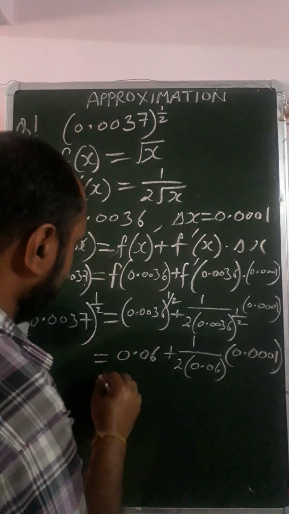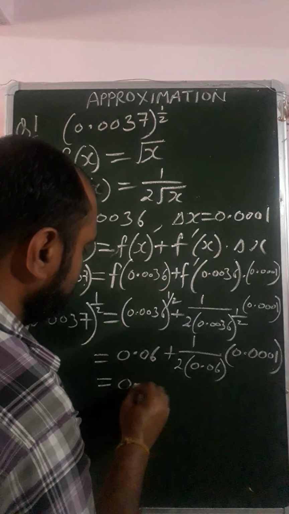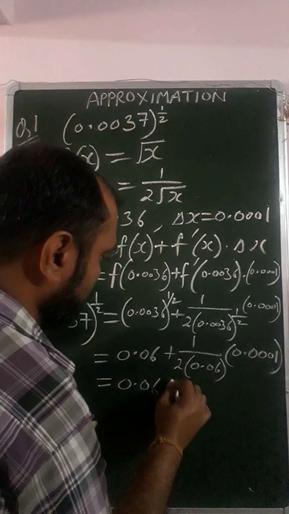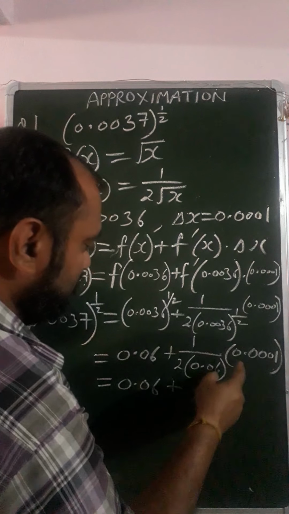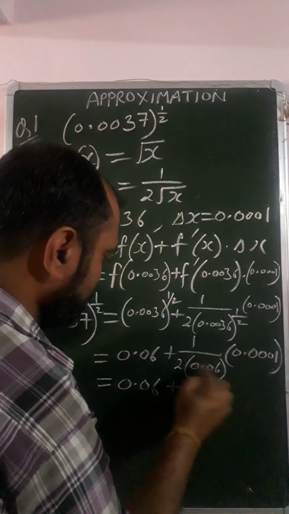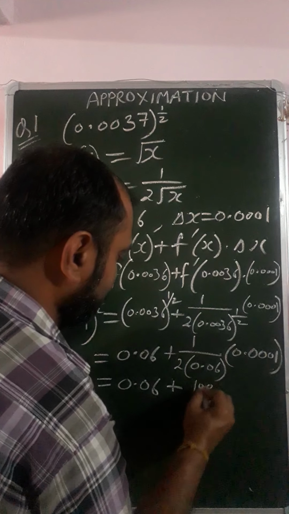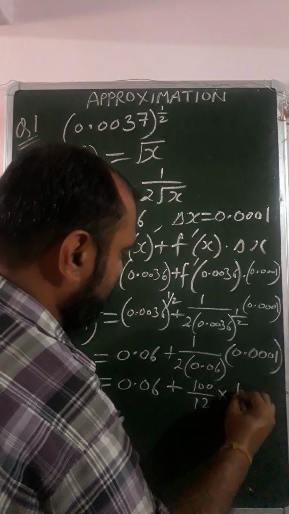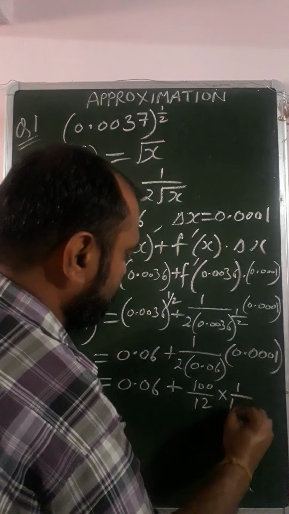So when you simplify this, we get 0.06 plus this is 12, so this is 100 over 12, and this is 1 over 10,000. So two zeros will be cancelled out, so we have 1 over 1200, right?